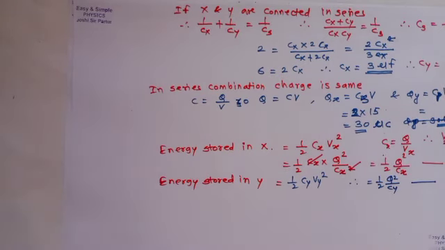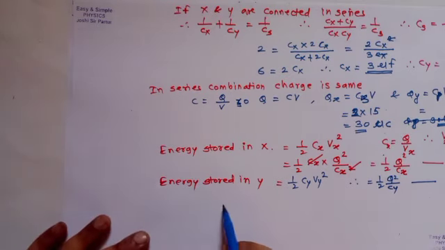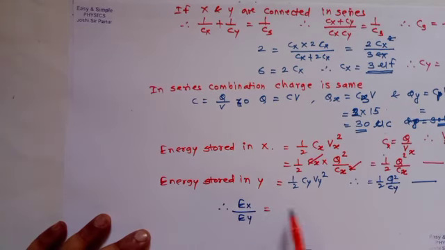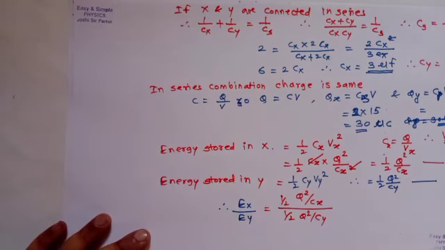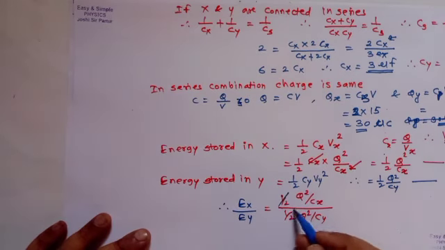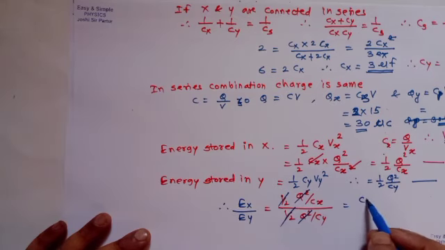We can compare. Energy in X upon energy in Y is given as half Q square upon Cx upon half Q square upon Cy. What happens? Half gets cancelled, Q square gets cancelled. It will be Cy upon Cx.